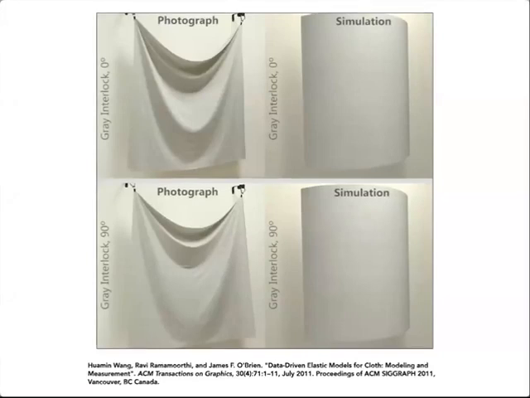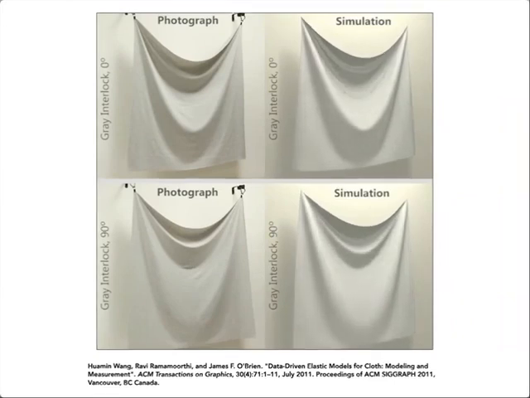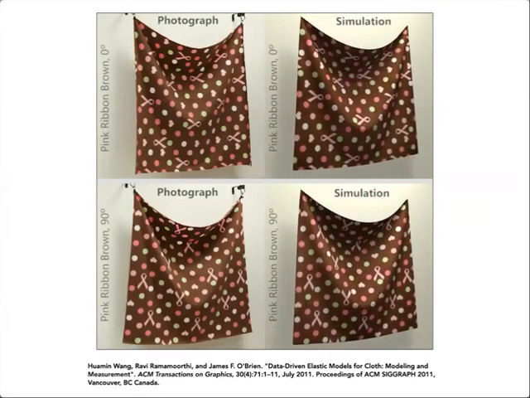So here's an example, I'll show you a few, of pieces of cloth on the left-hand side that are photographed. The specific weaving of this cloth and the properties of the thread of this cloth have been measured and then encoded digitally into the simulation that you see on the right-hand side. And so what you'll see is that in these simulations, first the cloth is imagined to be held up at the start point, but then as the simulation is turned on, gravity pulls on it and then it relaxes.